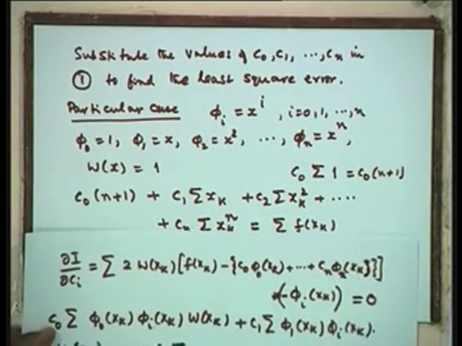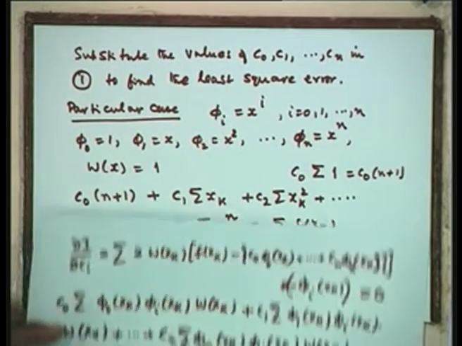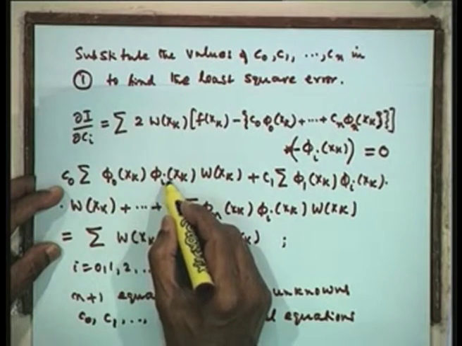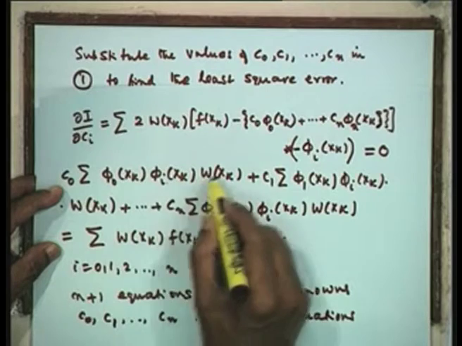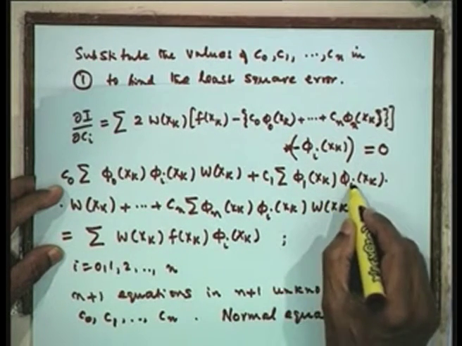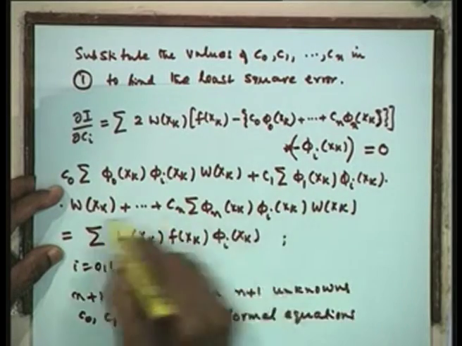The second equation, I will take i is equal to 1. When I take i is equal to 1, I am multiplying phi 0 by phi 1. Therefore, I am multiplying 1 by x, and the next term will be phi 1 into phi 1, that is phi 1 square, that is x square, and so on.